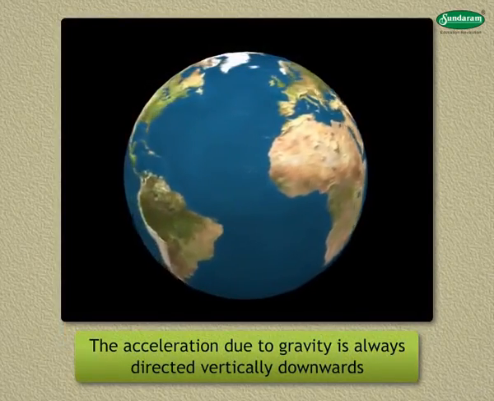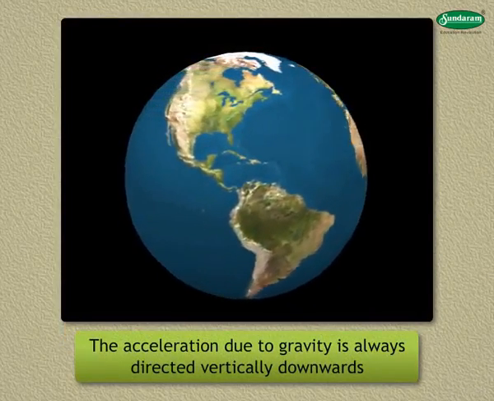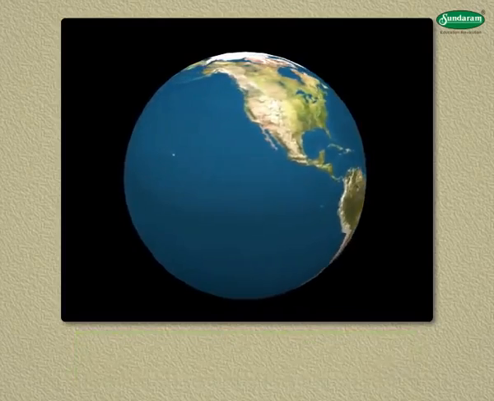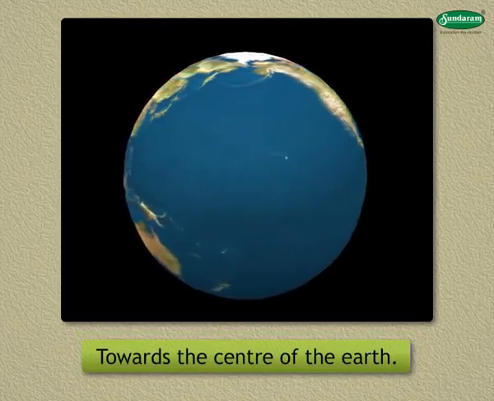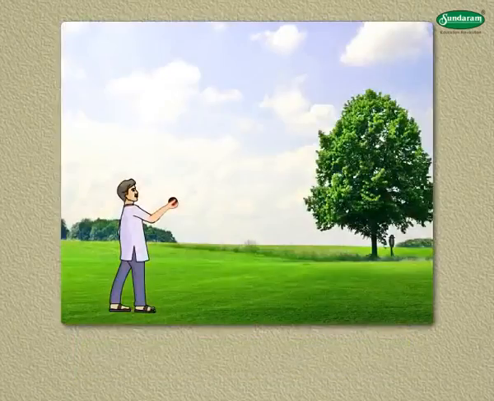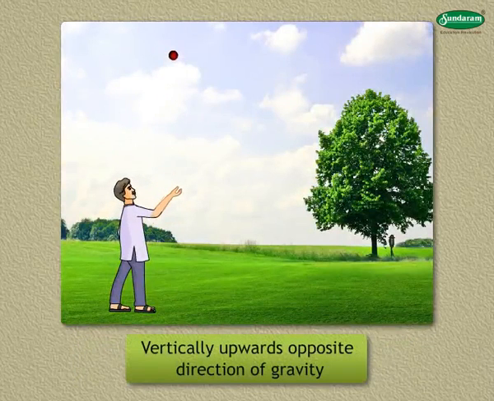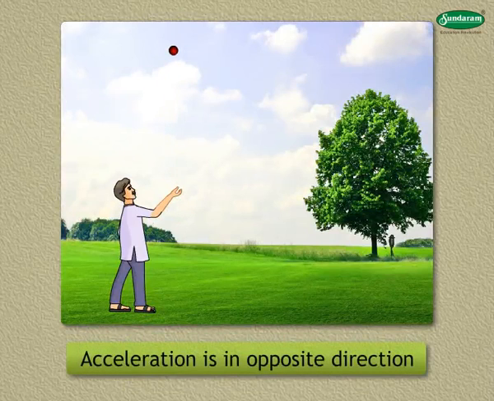The acceleration due to gravity is always directed vertically downwards, that is, towards the center of the Earth. If an object is thrown vertically upwards, its motion is in the opposite direction of gravity, and hence the acceleration is in the opposite direction.